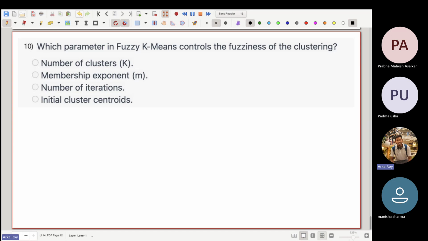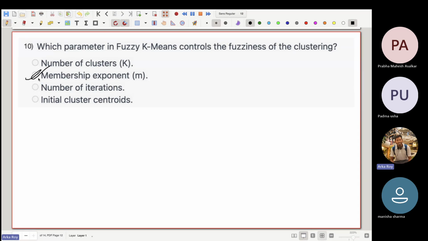Okay. And the last question states: what parameter in fuzzy k-means controls the fuzziness? Already we have seen the membership parameter, because the membership parameter basically introduces the uncertainty metric, which leads you to the fuzziness of the k-means problem. Because in traditional k-means, the decision rule is quite strict.